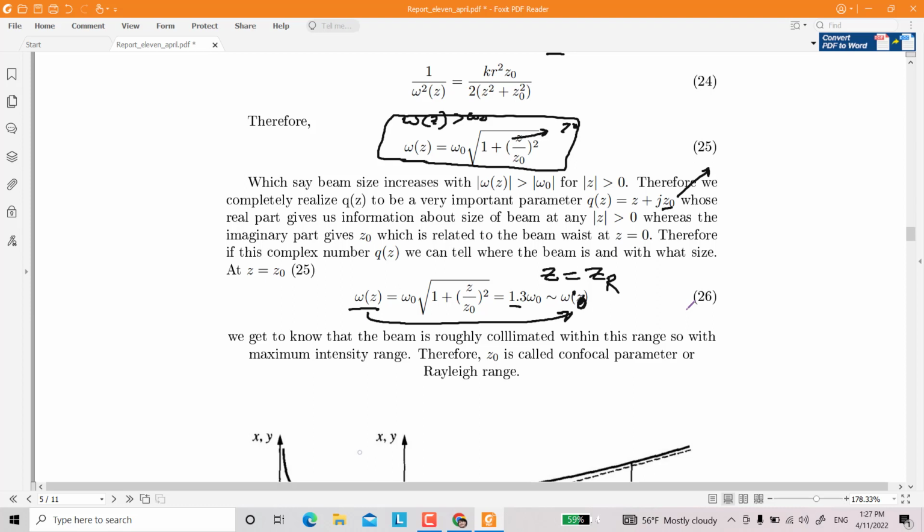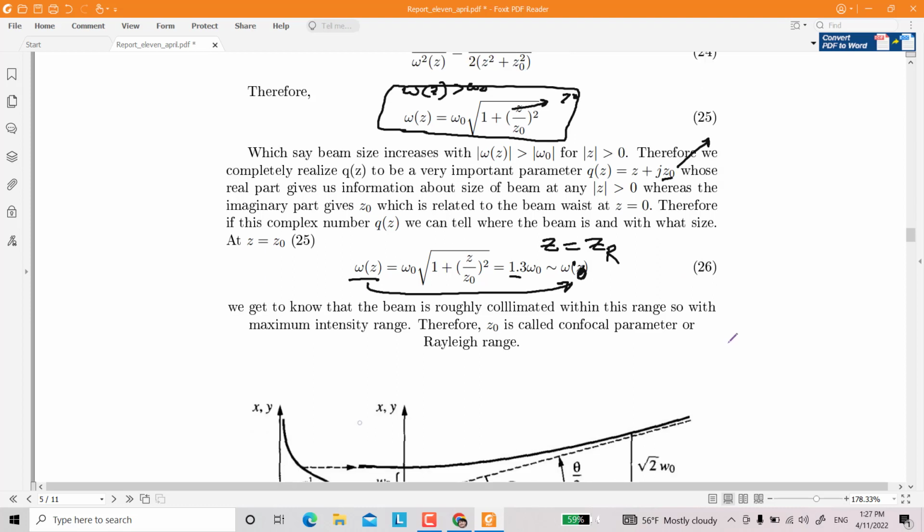Similarly, if you go right with respect to the origin, again within this range, within these two focal points, the beam is going to be roughly collimated and with a maximum intensity. So that is why this word is used here, confocal parameter, and it is also called Rayleigh range.